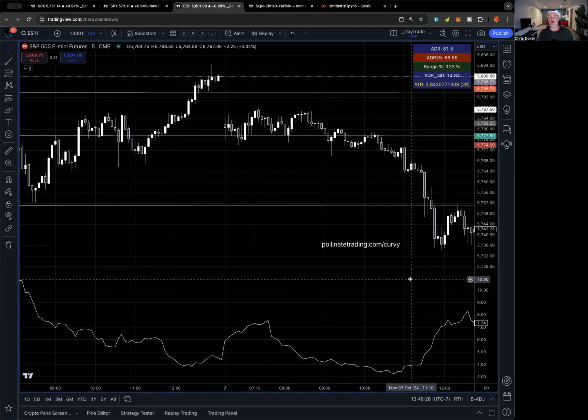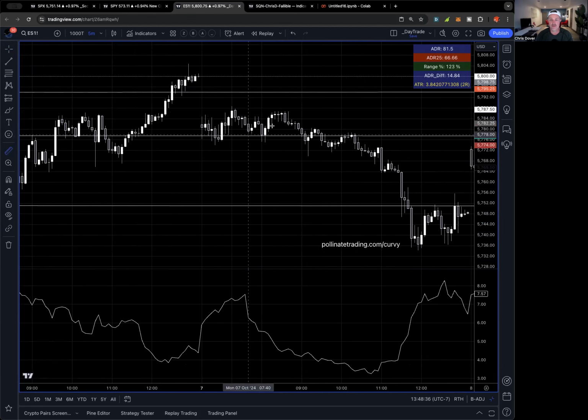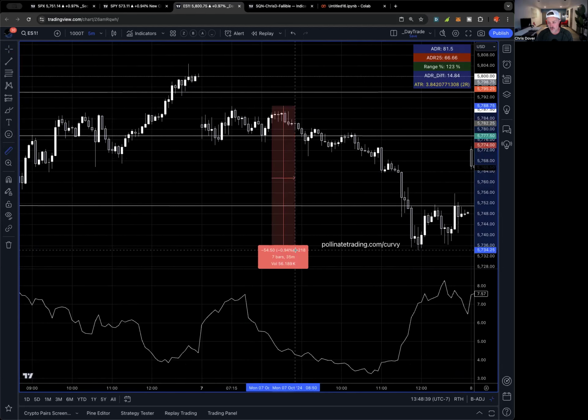Okay. So yesterday was outside a little bit of the daily range. Let's measure what our daily range was yesterday. Not too much outside the daily range. So ADR is 66 today.